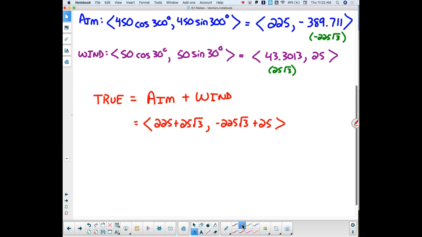Or, simply put, my true flight is going to be 268.301 and negative 364.711 if we rounded to 3 decimal places.